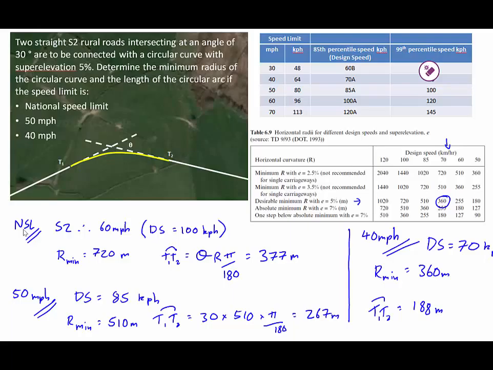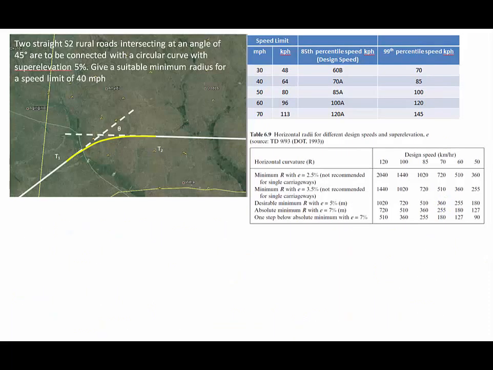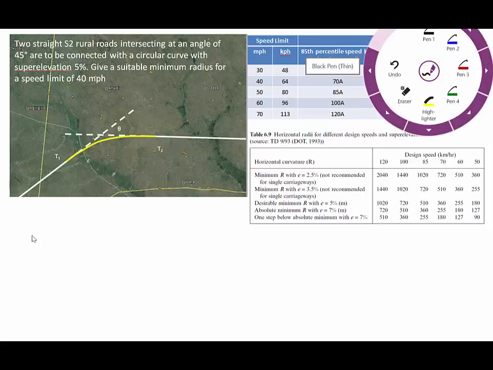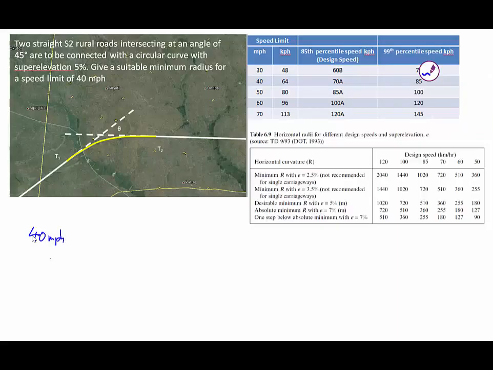Okay, let's look at another example. So a really similar, really quick example. This time we've only got to worry about 40 mile an hour. Let's change pen. We've got a super elevation of 5, therefore design speed of 70 kph.